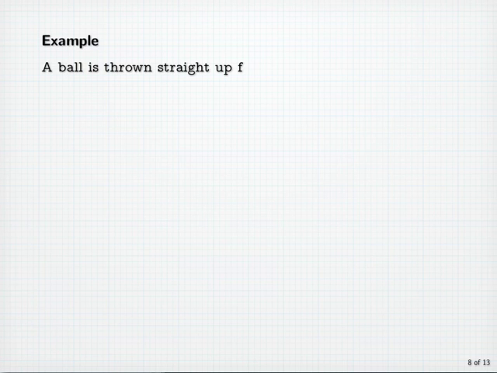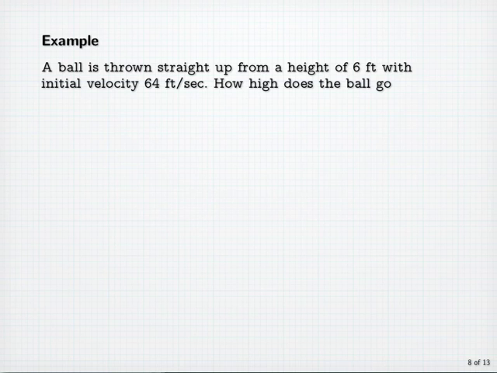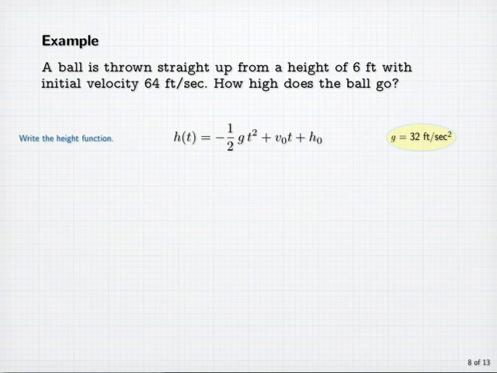Example: a ball is thrown straight up from a height of 6 feet with initial velocity 64 feet per second. How high does the ball go? We first write the height function. H of t equals minus 1/2 g t squared plus v naught t plus h naught. Now, since our units of height are feet, we'll use g equals 32 feet per second squared.